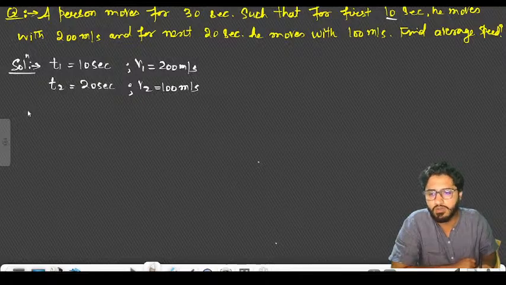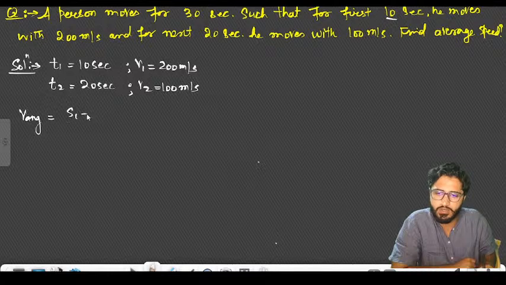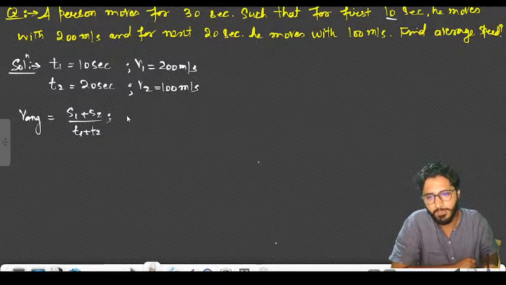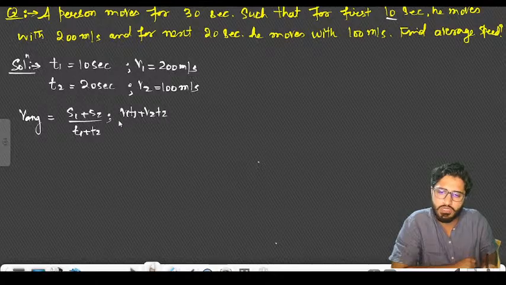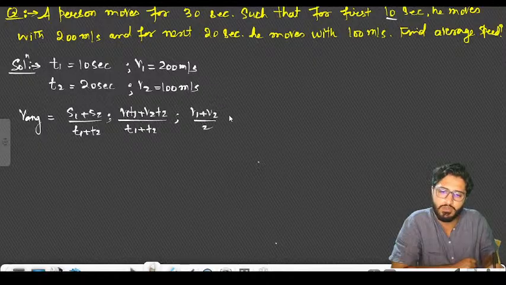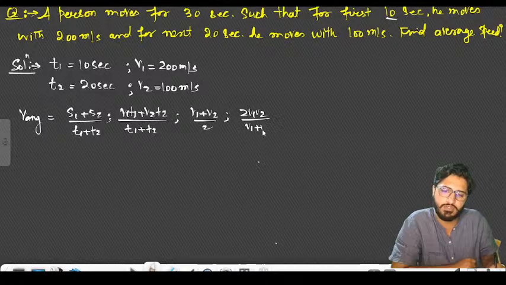Now the formulas we have: (S1 + S2) divided by (T1 + T2). Second formula: (V1 T1 + V2 T2) divided by (T1 + T2). Third formula: (V1 + V2) divided by 2. Fourth formula: 2 times V1 V2 divided by V1 plus V2.